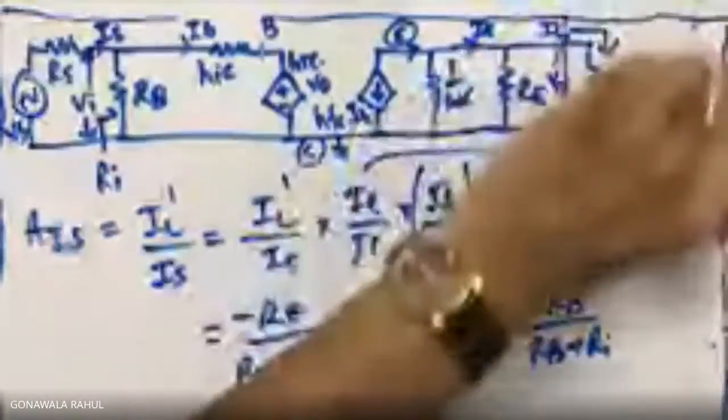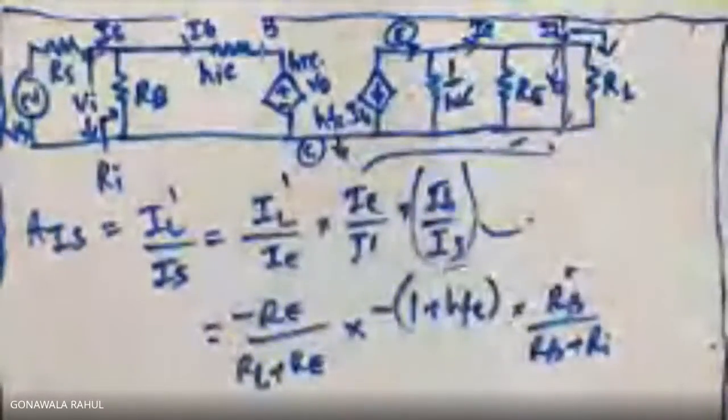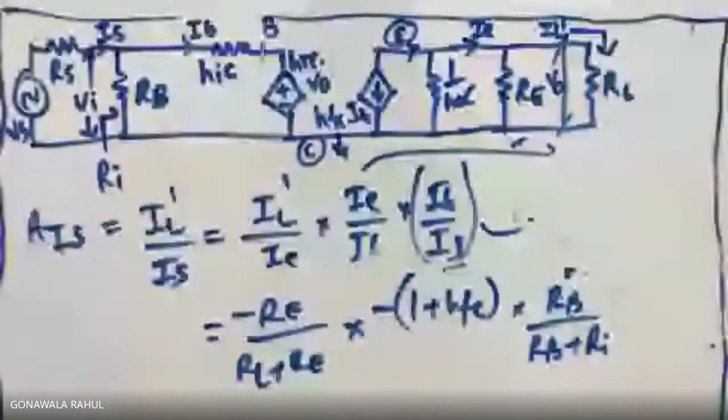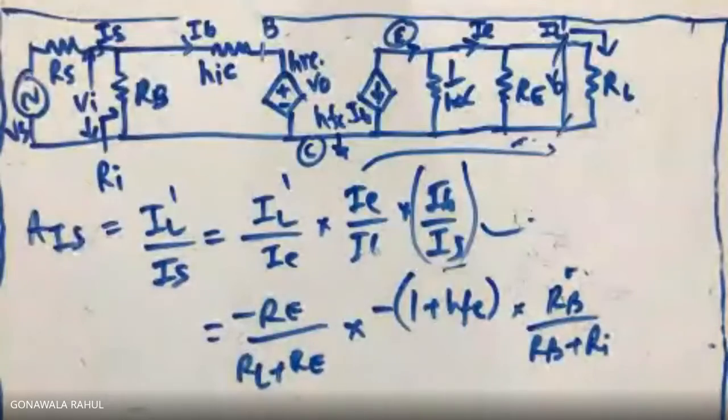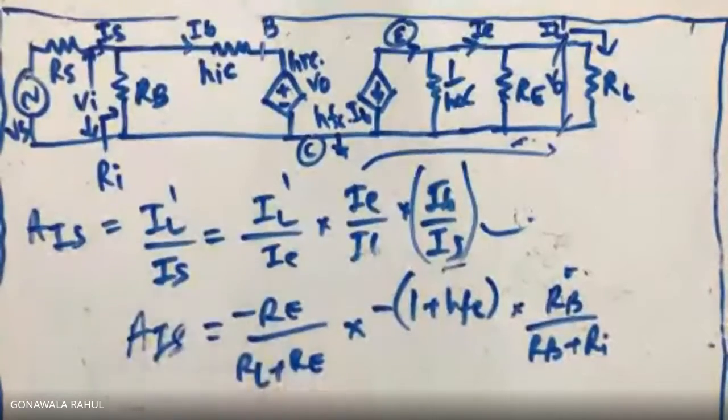We have put this in the equation. Finally we have this equation, the negatives cancel, and rearranging terms I can write down this equation for AIS.